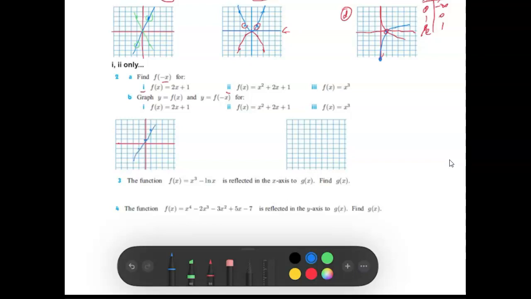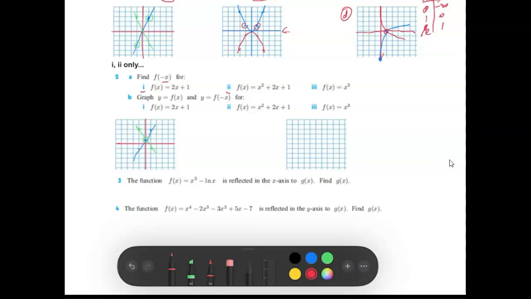Okay, and then we're going to do a horizontal reflection over the y-axis. So that point would become this point, and this point would stay the same, and this point would become this point. So the green line would be the reflection of the original function.